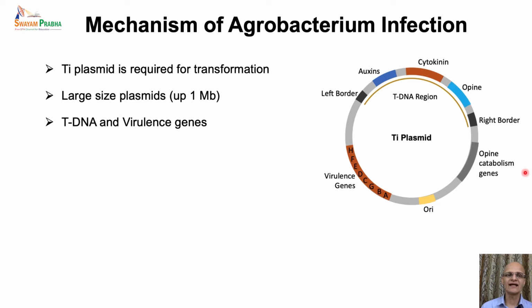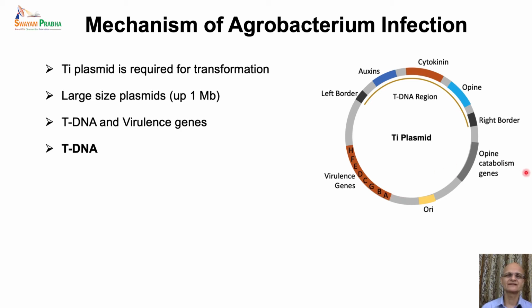The tDNA or the transfer DNA segment starts from the left border and goes till the right border. It all is the transfer DNA or tDNA. So whatever is present between these left and right borders is called a tDNA. And second is the virulence region, which codes for several genes required to establish the infection in the plants.